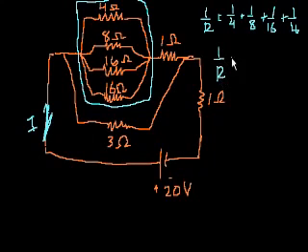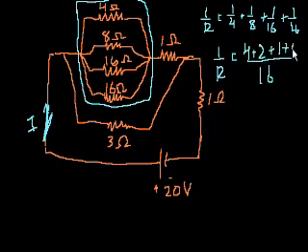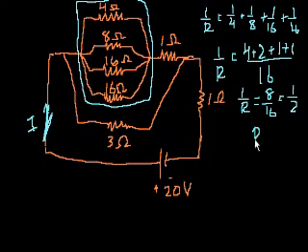So 1 over R, and now it's just adding fractions, over 16. 1 over 4 is 4 over 16, plus 2 over 16, plus 1, plus 1. So 1 over R is equal to 4 plus 2 plus 1 plus 1, which is 8 over 16. The numbers are working out. That is equal to 1/2. So that equivalent resistance is 2. So quickly, we just said all of these resistors combined is equal to 2 ohms.